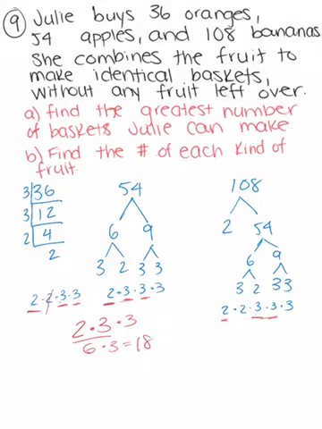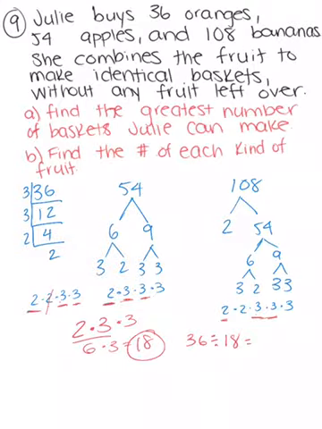Now the next question says find the number of each kind of fruit in the basket. So she's making 18 baskets. We need to figure out how many of each kind of fruit is going to go into each basket. If she has 36 oranges, how do I figure out how many are going to go into 18 baskets? I'm going to take the 36 oranges and divide them by 18.